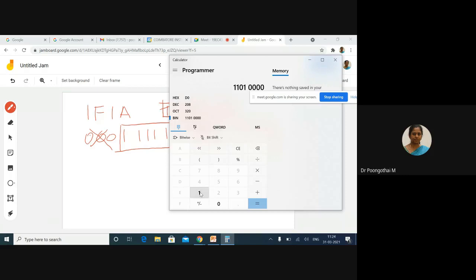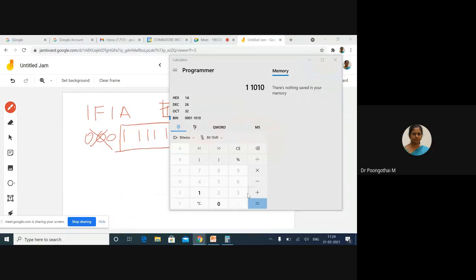Your last 5 bits are 11010. What is the hexadecimal? 1A. So your lower order value is 1A. And then the 8 bits: 5 ones, 3 zeros. What is the value?